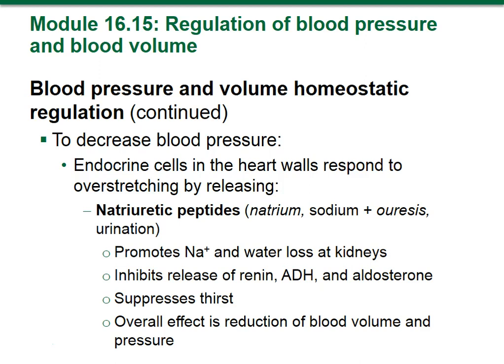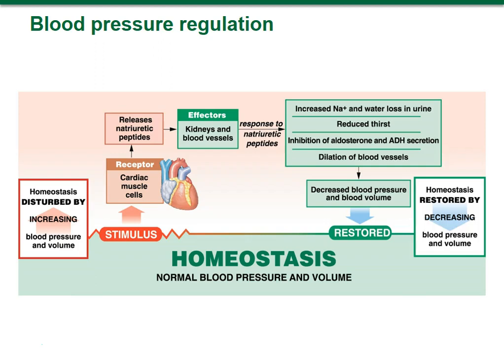And you inhibit the release of renin, an antidiuretic hormone, and aldosterone. This also suppresses your thirst, so you don't want to drink more water. And therefore the overall effect, lower blood volume, lower pressure. All works together. Okay, and all of that is shown right here in this diagram.